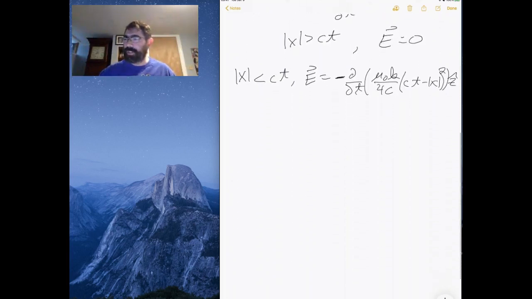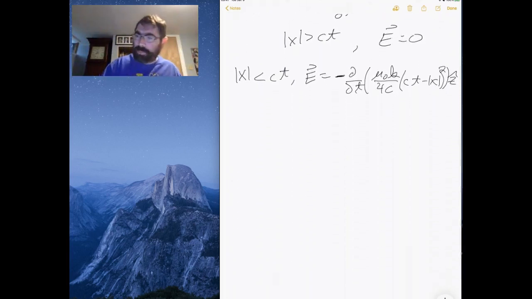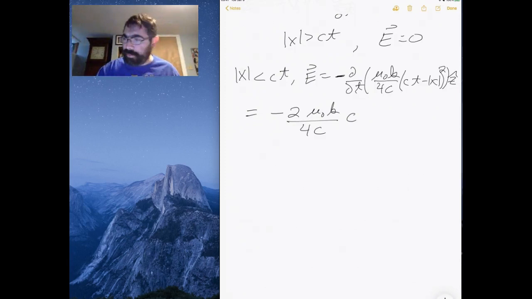If we work out that derivative, it is going to be minus 2 mu 0 k over 4c, and then the derivative on the inside would be c. I'm sorry, ct minus the absolute value of x.